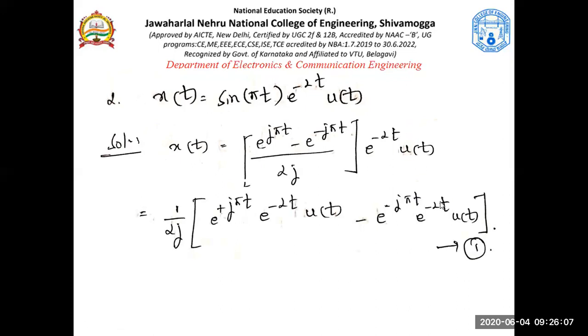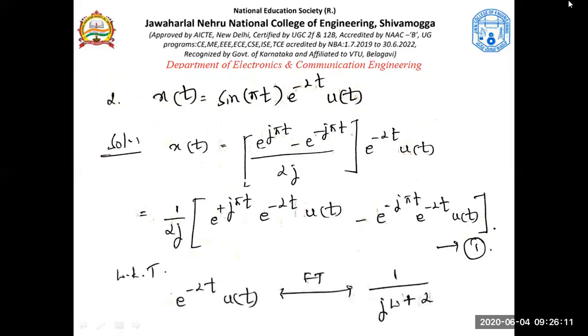Very similar problem, isn't it? Then we know this magnitude t is not there. So when the magnitude is not there, it reduces to the standard transform, the exponential. Fine. So this is the standard transform.